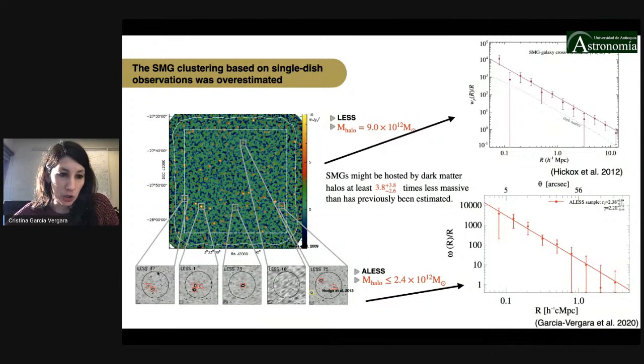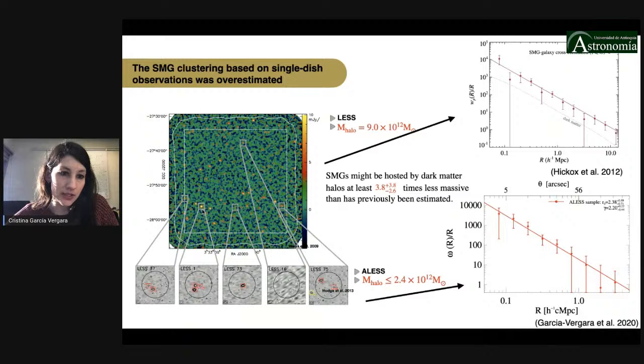However, as I'm showing here, ALMA and other interferometric follow-up of submillimeter sources revealed that several of the sources detected in this kind of surveys with single dish and with low resolution are actually composed of several SMGs.